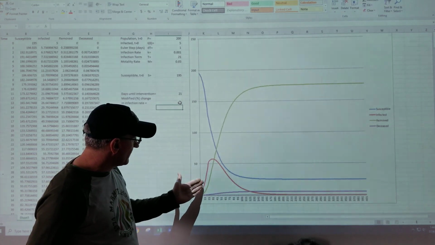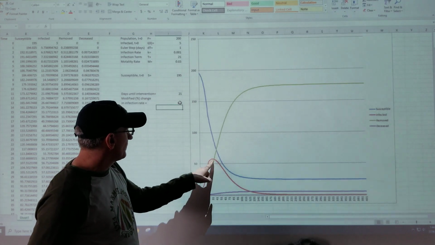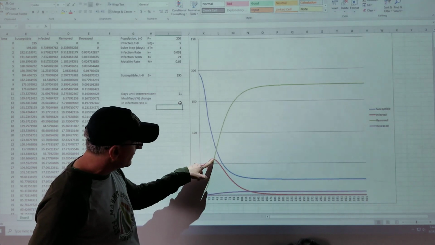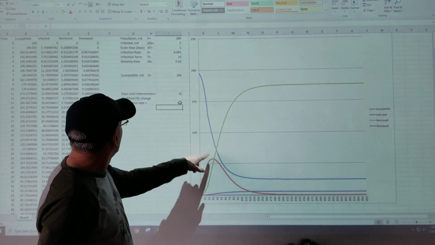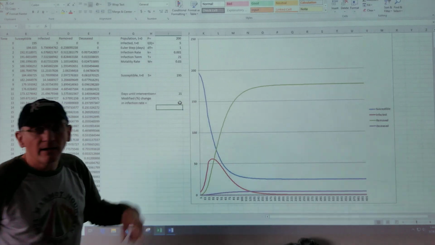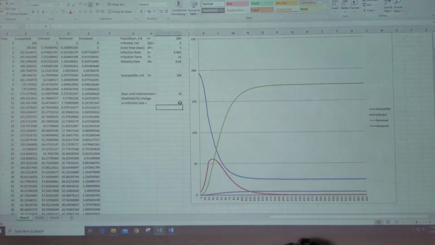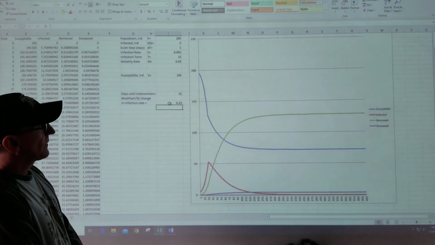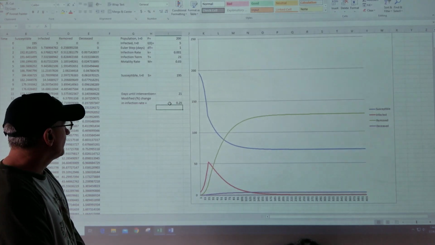And as we can see, the total number of infected people did take quite the nosedive. If I do the same thing but at 25%, this is what we get here. So 75% reduction in transmission rate. Pretty good results.